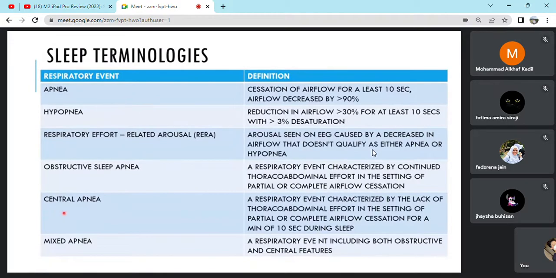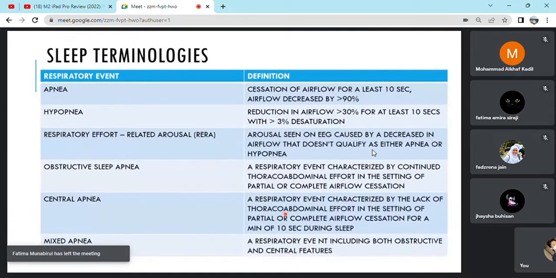Central apnea, on the other hand, is a respiratory event characterized by lack of effort. Okay, so makikita mo a big difference. Why? Because in here, the patient still has an effort to correct now the abnormal respiratory event.